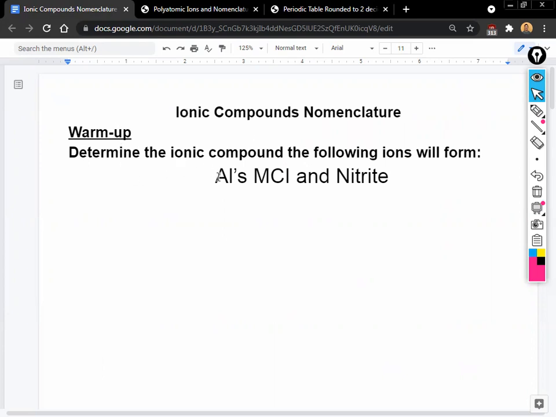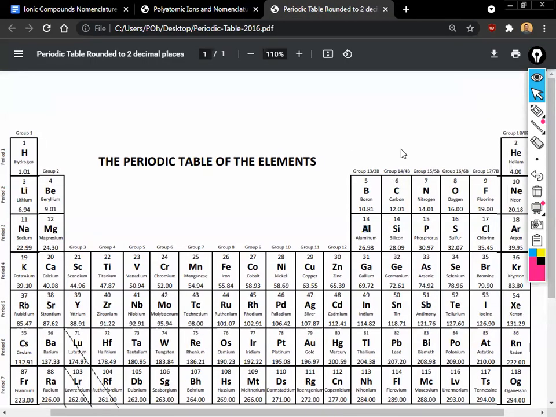What I want you to do is go on the periodic table and find aluminum's MCI. Hopefully you remember the pattern for MCIs. You're supposed to memorize this, so if you haven't, make sure you do. Everybody in this column is 1, 2, 3. This column has no MCI, then -3, -2, -1, and no MCI.